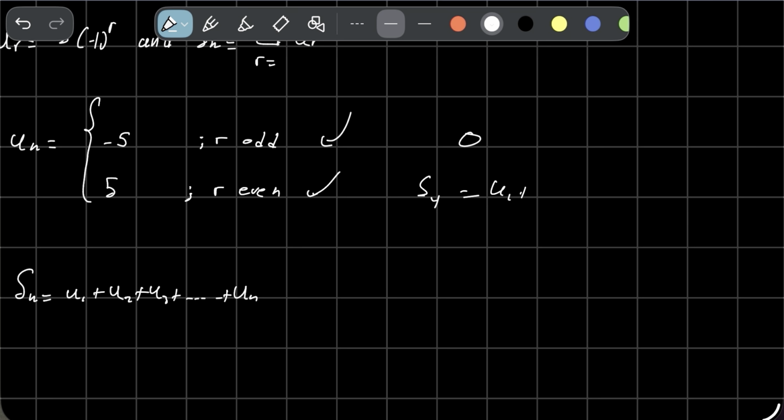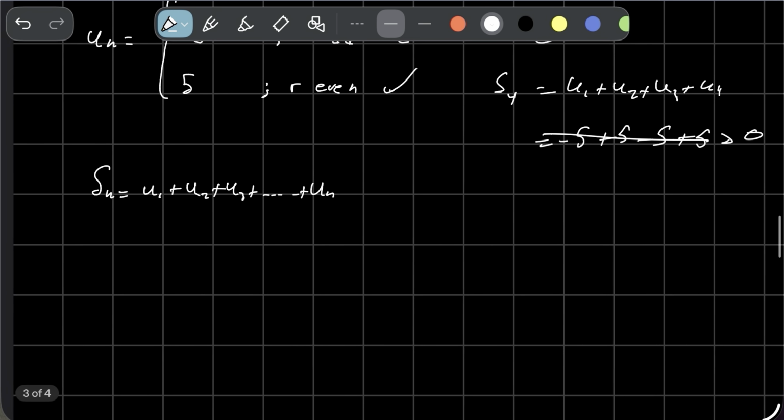S4 is u1 plus u2 plus u3 plus u4. Now u1 is odd, so it's minus 5. u2 is even, so it's 5. u3 is odd, so it's minus 5. u4 is even, so it's plus 5. So all of these will be 0.